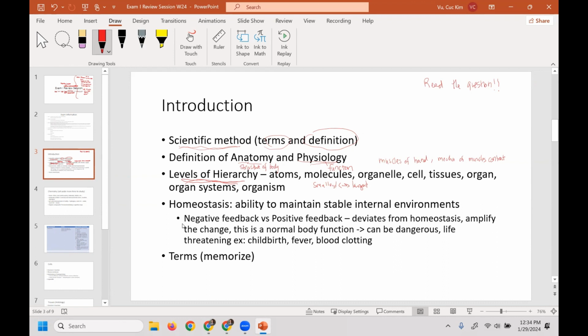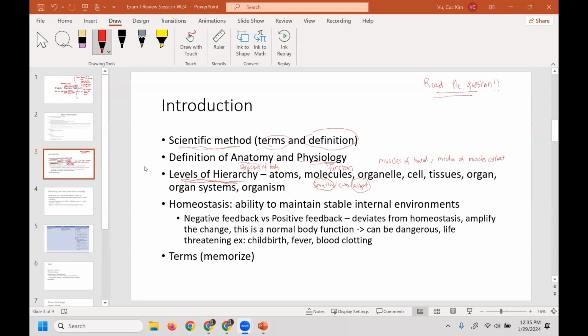So make sure you read the question and know exactly what it is looking for. The question could say list the following from smallest to largest, or it could go from the largest to the smallest. So you really have to make sure you read the question. Yes, and you also need to know the order. Anna's right, you need to know the order, but you also have to make sure you read the question. So this would be a level 1 type of question.